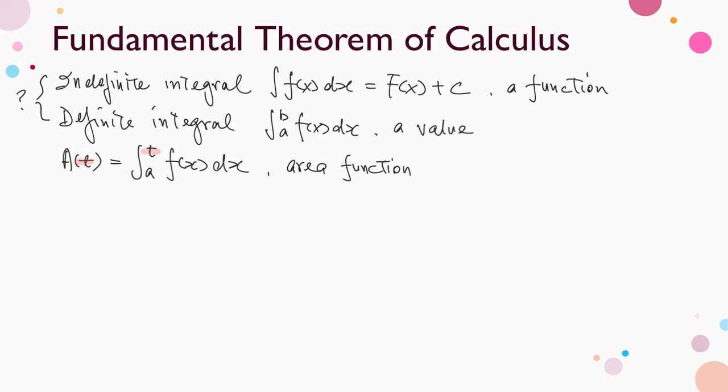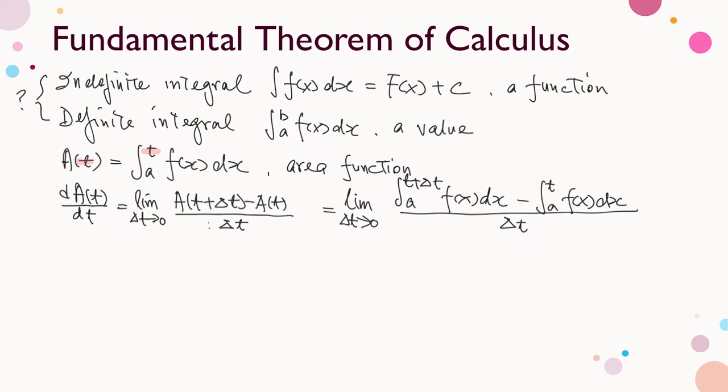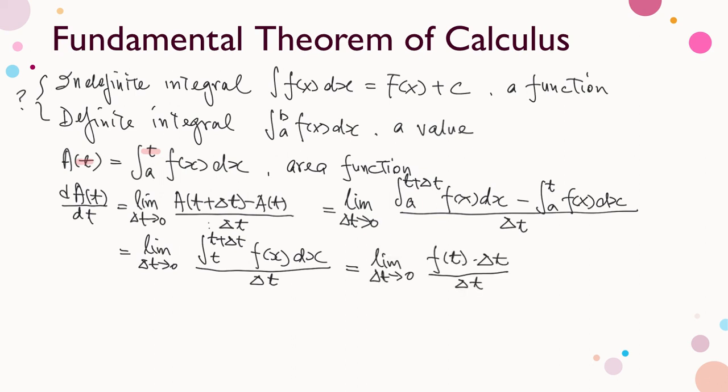By first principles, we see that the derivative of A of t is, replace the functions by definite integrals, apply the property of definite integrals. As delta t is tiny, the area is approximated by the area of a rectangle. Take limits, the result is f of t. That is, the derivative of A of t is f of t. In other words, A of t is a primitive function of f of t.